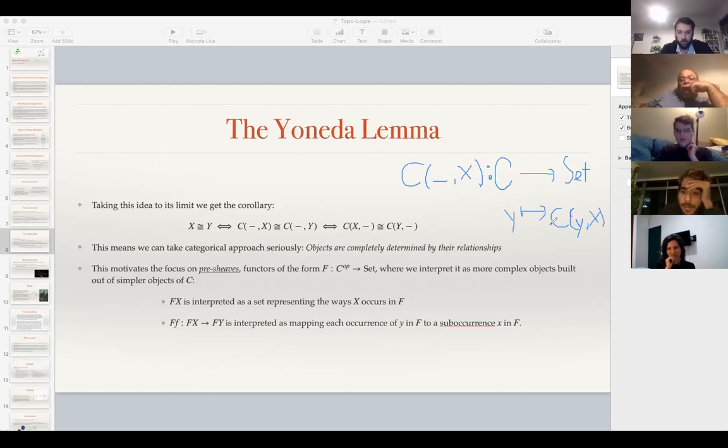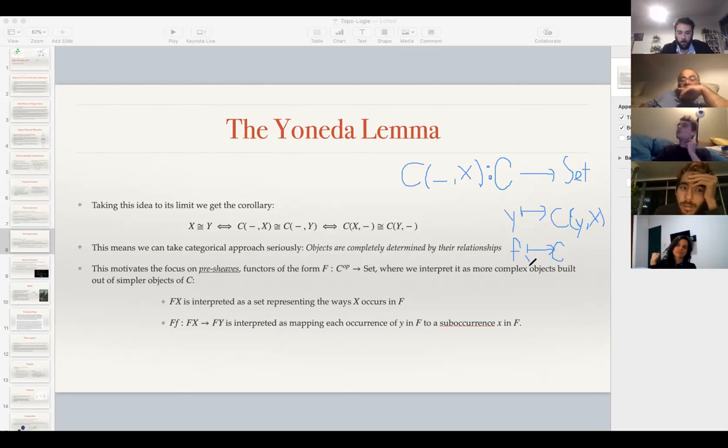And then how does it act on morphisms? On morphisms, it's going to send, I believe, F to something that sends C, where F is from, I guess, X. Let me think.